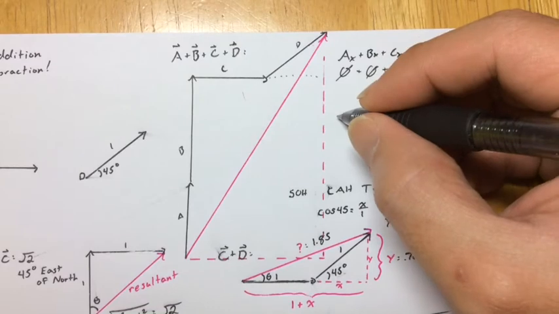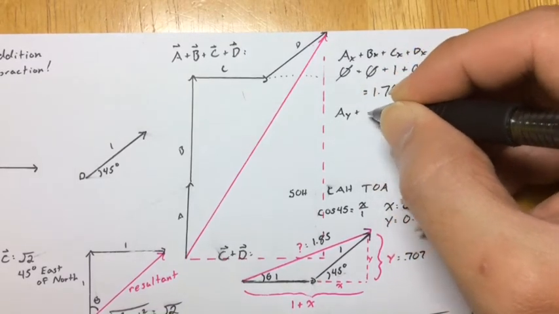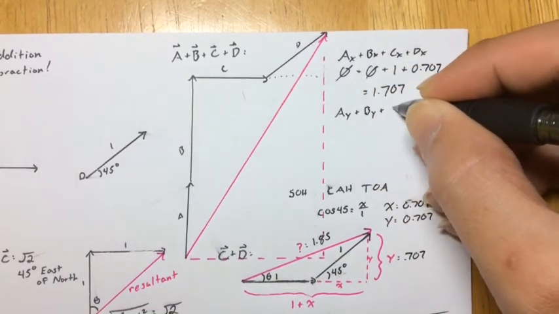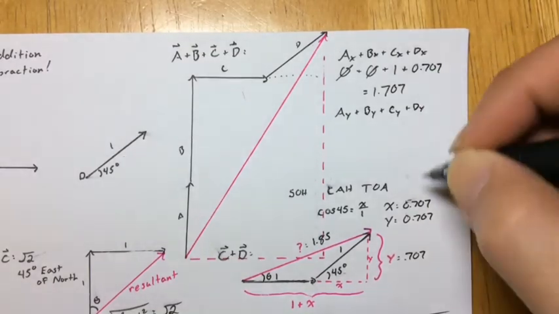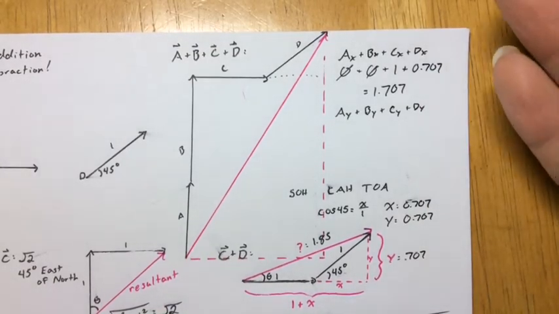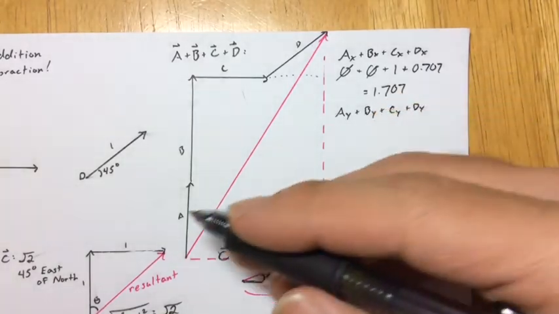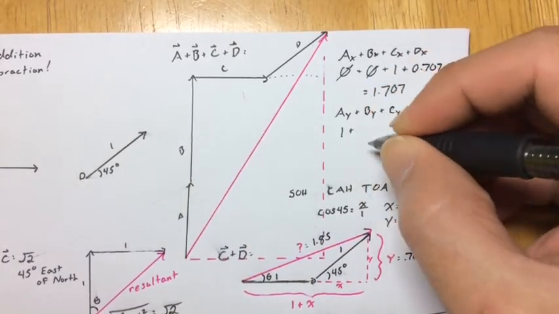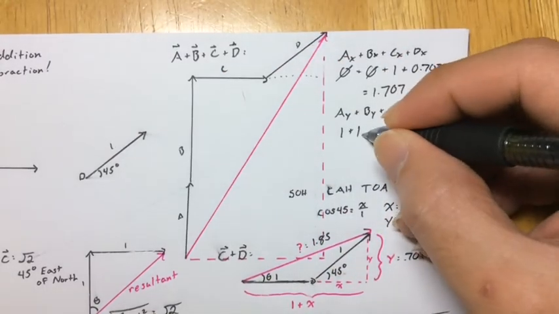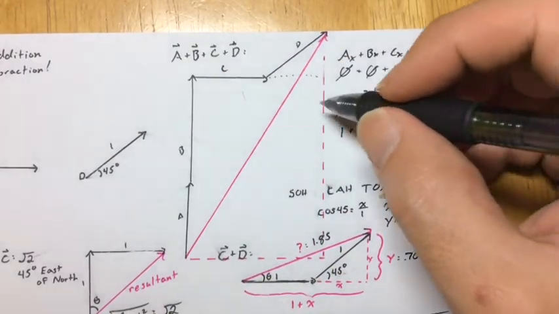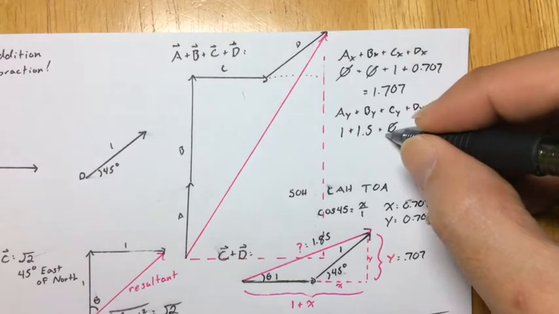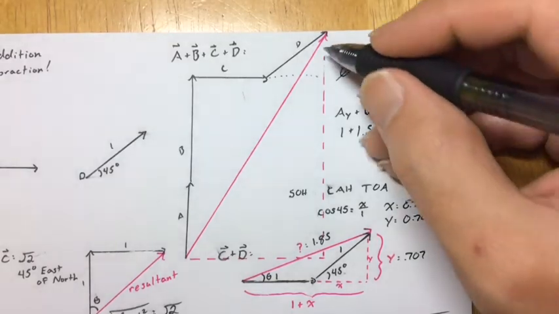And then we look at the y directions. Again, we're making this very easy on ourselves by just looking at x's and then looking at y's. So AY is, well, it's 1. BY was 1.5. CY, there's no CY, it just goes to the right. And then DY is this side here.